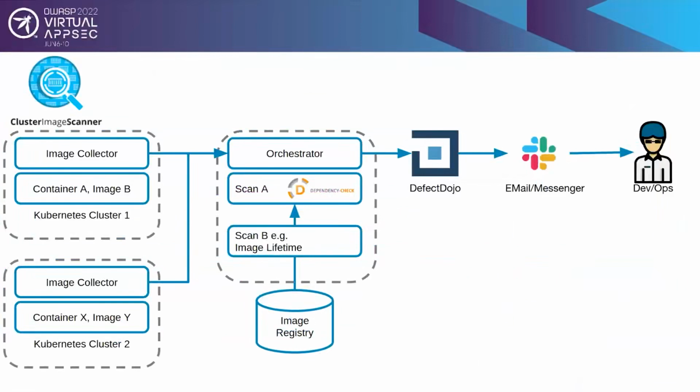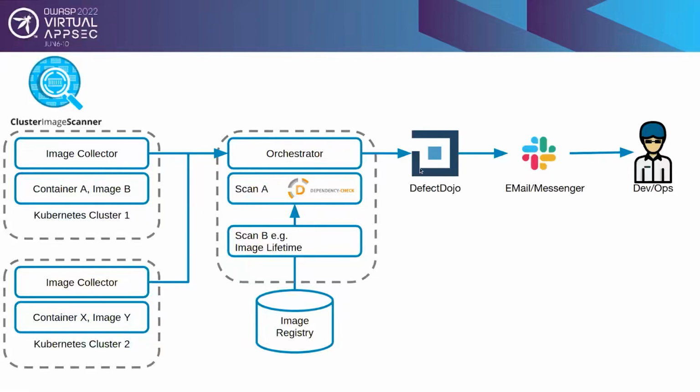The cluster image scanner works a bit differently. It's also deployed in a cluster. In each cluster you have a collector which identifies which images are running in that cluster. Then that is pushed to a Git repository, and then the orchestrator picks it up and runs multiple scans, for example, the dependency check to identify known vulnerabilities and also other self-made checks.